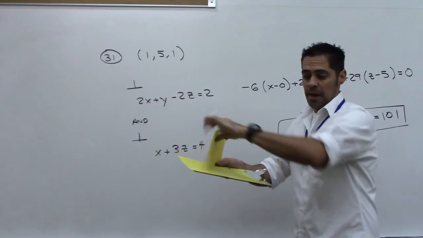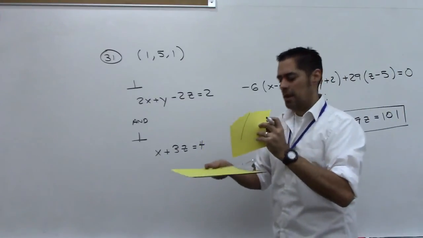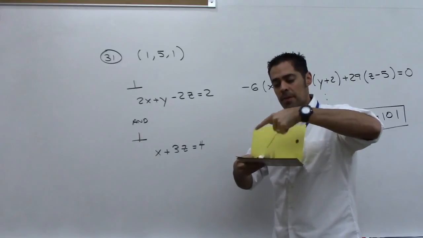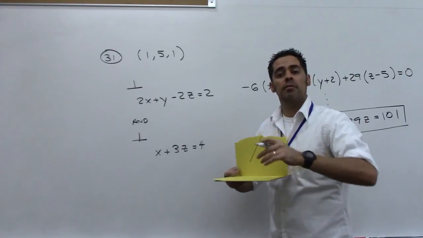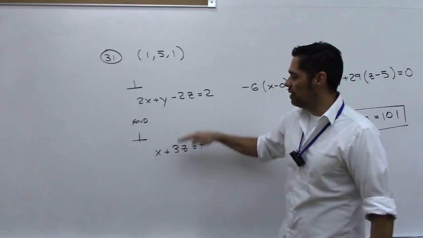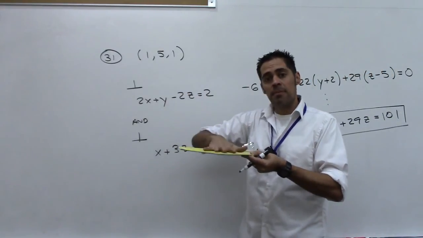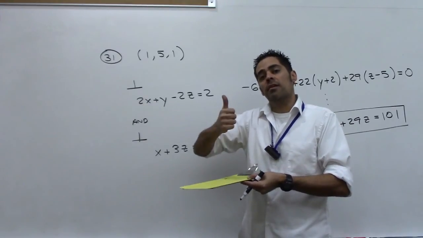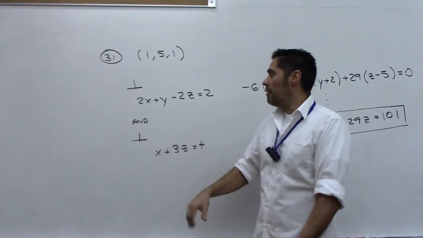And the other plane, same story. If we take its normal and drop it down onto our plane, it will live and be parallel to our plane. So if we take the two normals of these two planes and drop them down to our plane, they both live in there. If I cross those two, I get a normal coming out of my plane. And then I have a point.